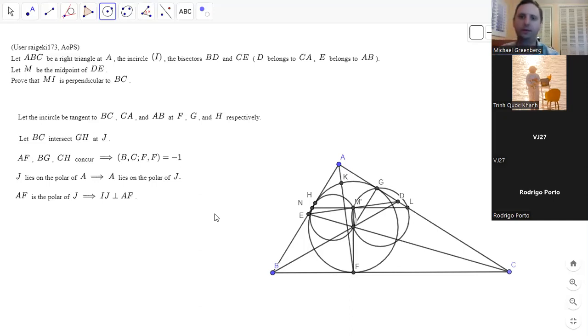Yeah, this is tricky. So I wonder if we can use this.